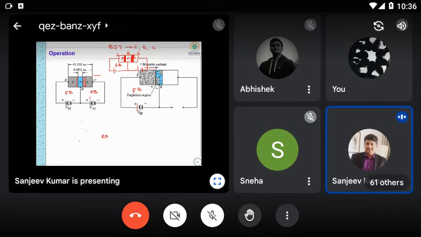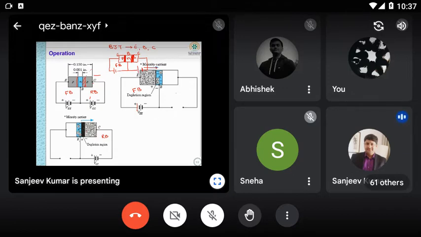Similarly, in reverse bias condition, what will happen? You can see this second PN junction will be thicker. Are you getting me? The second junction will be thicker due to reverse bias. Already I told that in reverse bias there is a small leakage current, or flow of minority carriers.